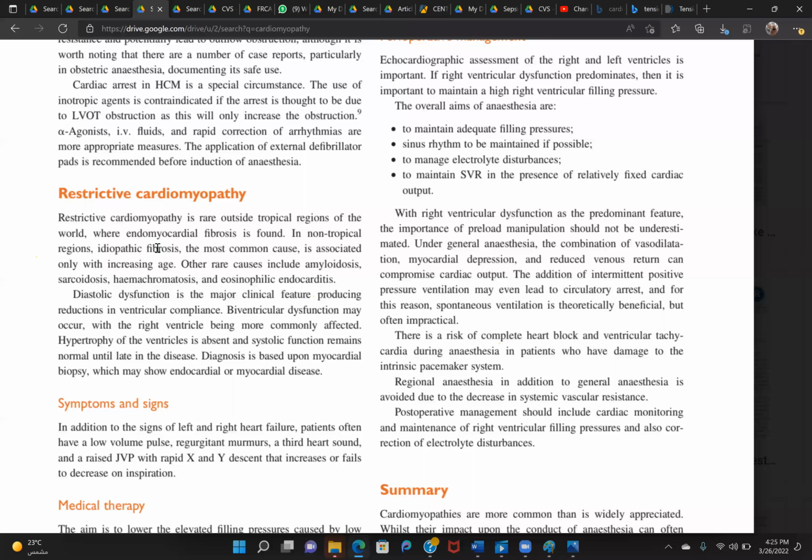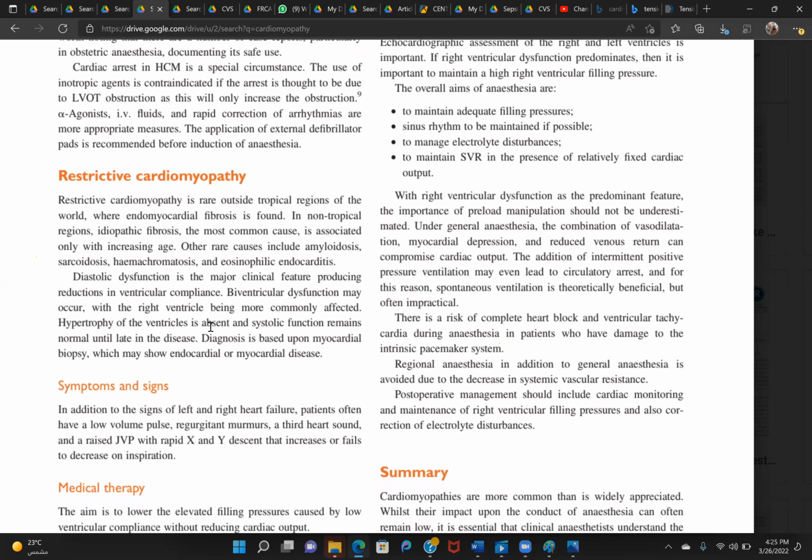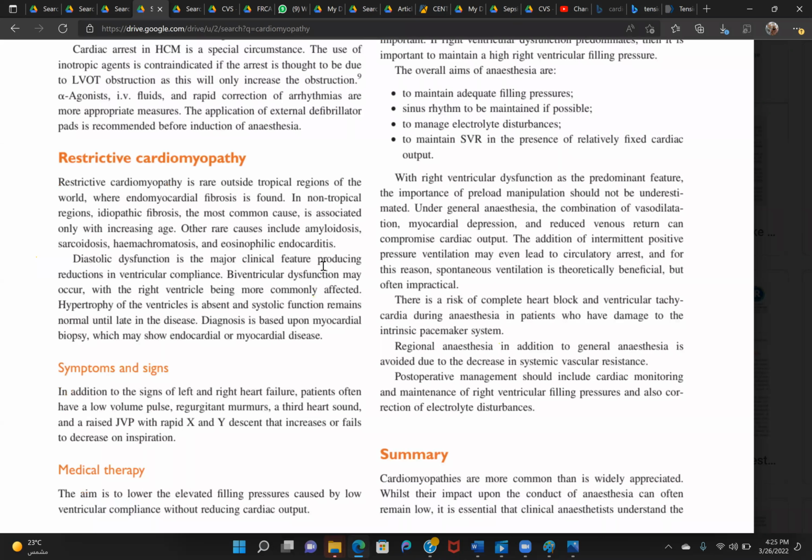Restrictive cardiomyopathy occurs usually in connective tissue diseases like amyloidosis, sarcoidosis, hemochromatosis. Diastolic dysfunction is a major clinical feature, producing reductions in ventricular compliance. It is not dilating or accommodating.